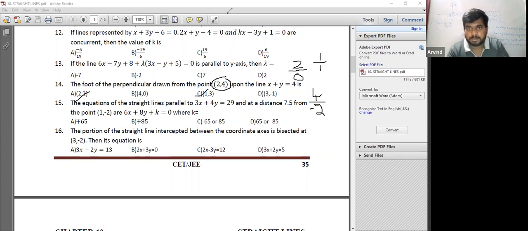So I'll just repeat again what I have done. Very easy to solve.